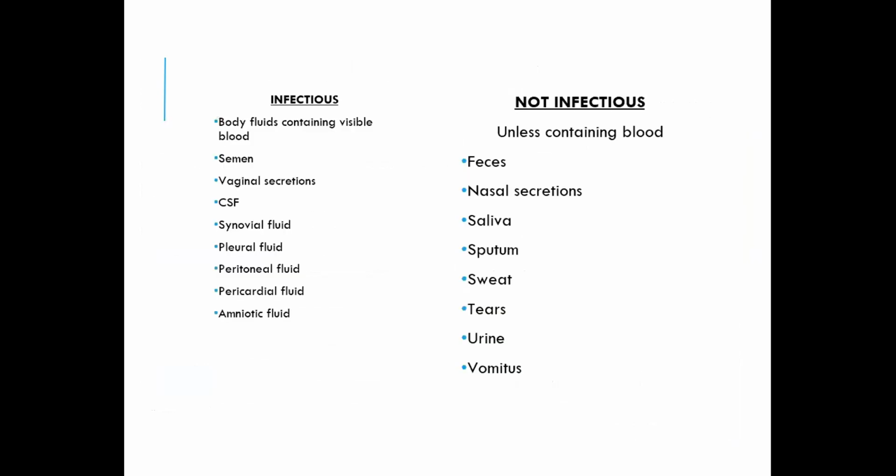The type of body substance involved is usually either infectious or non-infectious. The infectious are usually body fluids containing visible blood, semen, vaginal secretion, CSF, synovial fluid, pleural fluid, peritoneal fluid, pericardial fluid, and amniotic fluid. For non-infectious, usually feces, nasal secretions, saliva, sputum, sweat, tears, urine, and mucus.